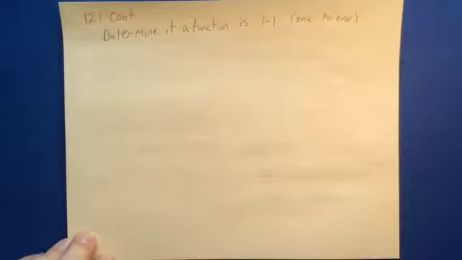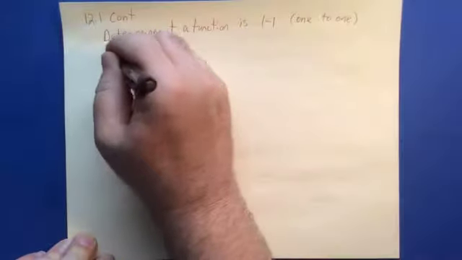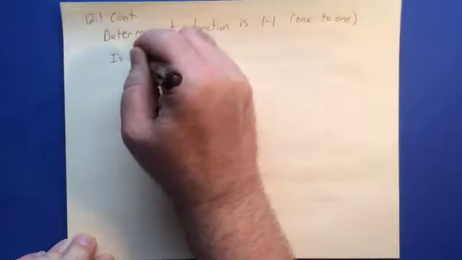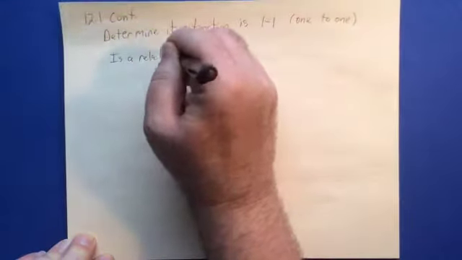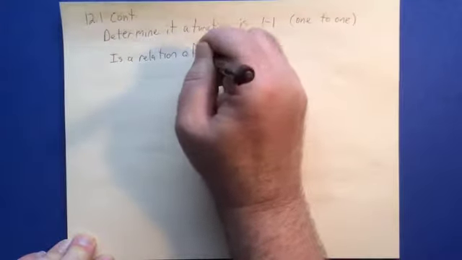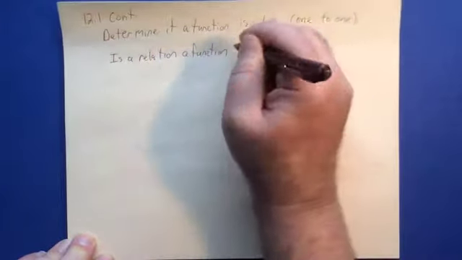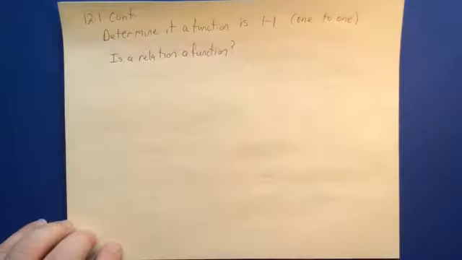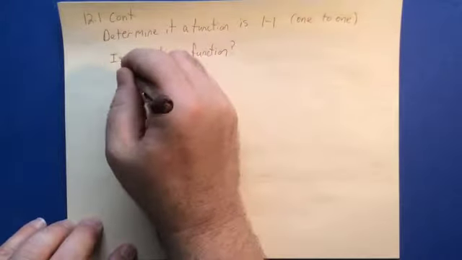So any graph of anything mathematically related, we can call a relation. So if we want to determine whether a relation is a function, you may recall learning about something called a vertical line test.